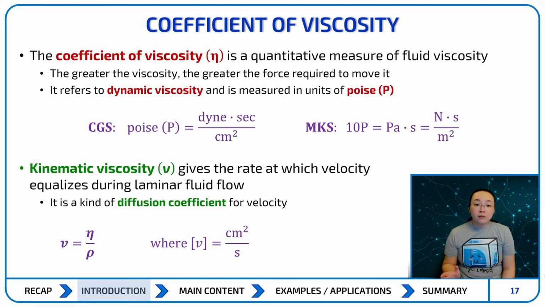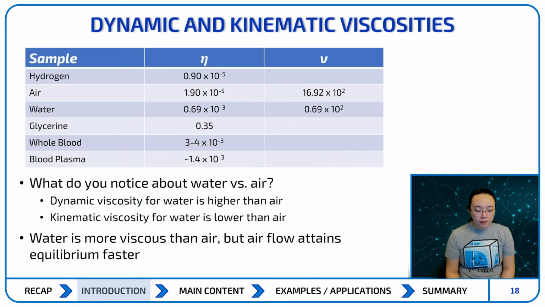So now that we kind of know what a coefficient of viscosity is, we'll be able to figure out, or at least present you with different types of coefficients. Depending on what kind of sample or material you're looking at, you'll have a different fluid viscosity or coefficient of viscosity.